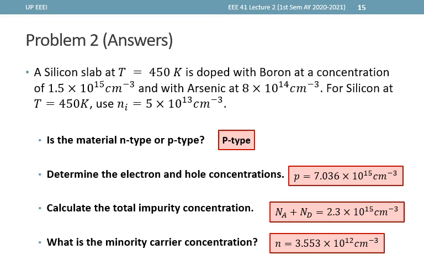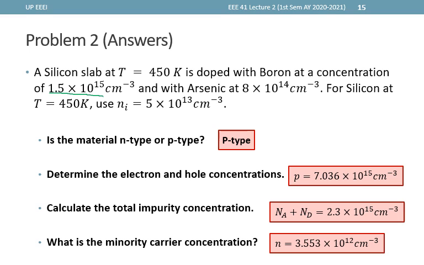So to summarize, in this problem, we were asked what is the material. Is it N-type or P-type? So we were able to conclude that it is a P-type since the acceptor dopant concentration from boron is greater than the donor doping concentration from the arsenic.